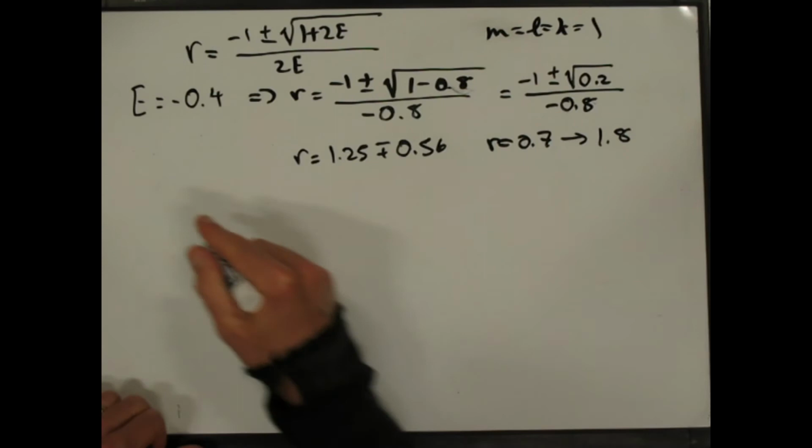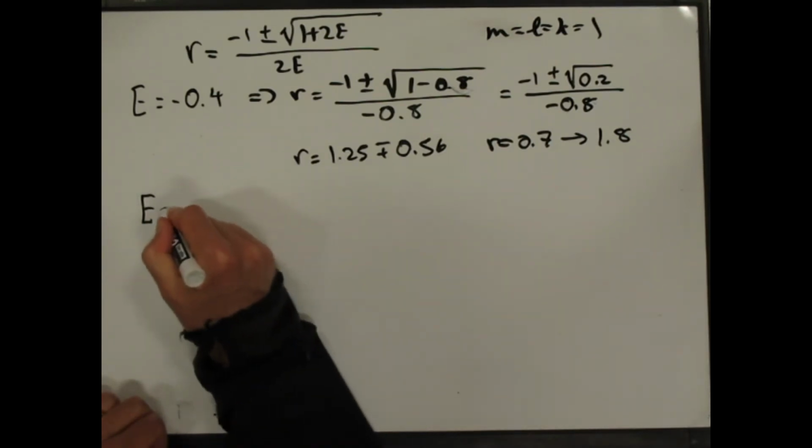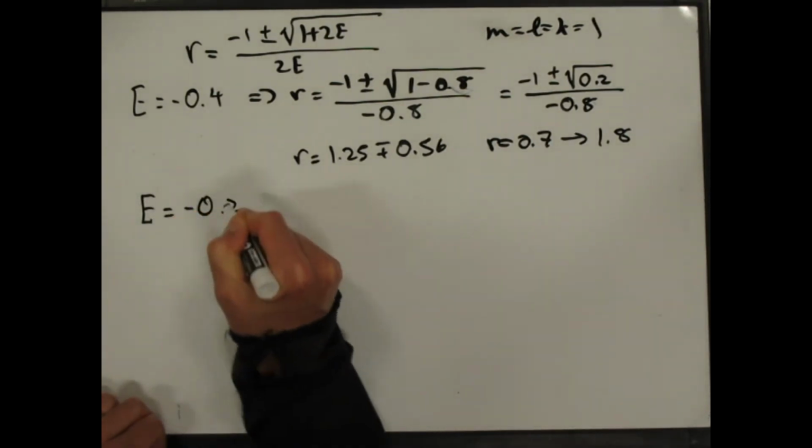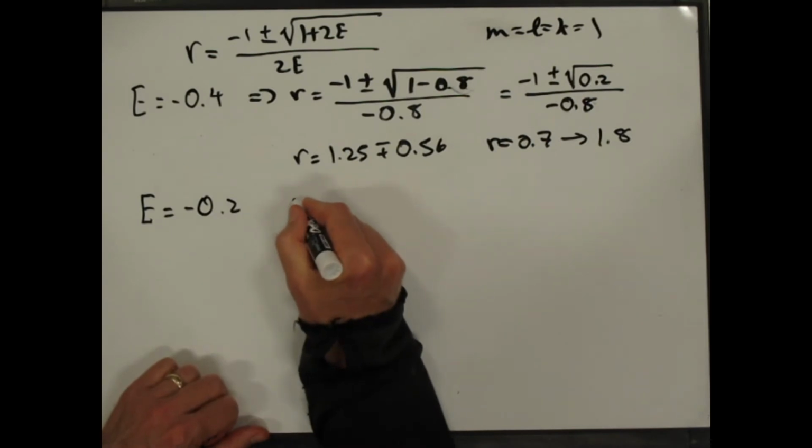I have some horizontal lines for the graph. So let's pick a different one, e equals minus 0.2. When you look at the graph, you'll see why I picked these.